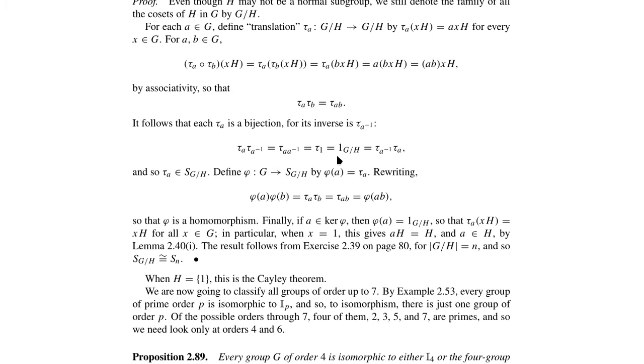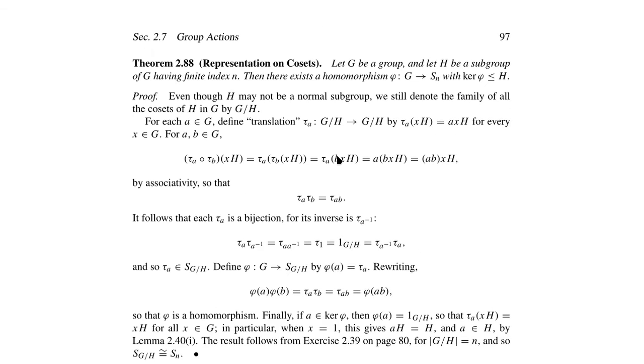Let's see. So this theorem says that you have a group G and a subgroup H of G, which has a finite index n, right? So if you remember index from last time when we discussed group theory, the index is just the number n such that any element to the power of that gives you the identity back, right?